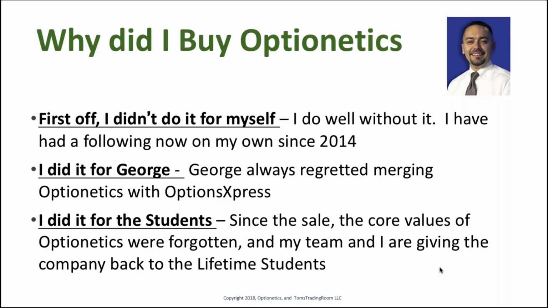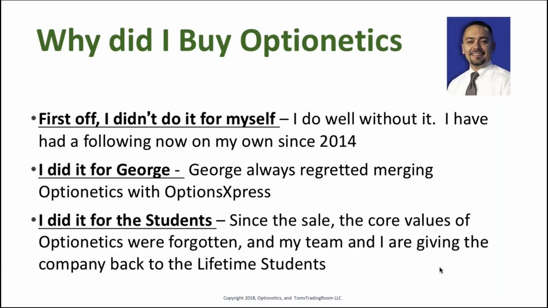And I told her the two reasons I did it. I did it for George, because George never really thoroughly bought into the company being merged and then being bought out. He wasn't a big fan of that. But there were a lot of shareholders with Optionetics.